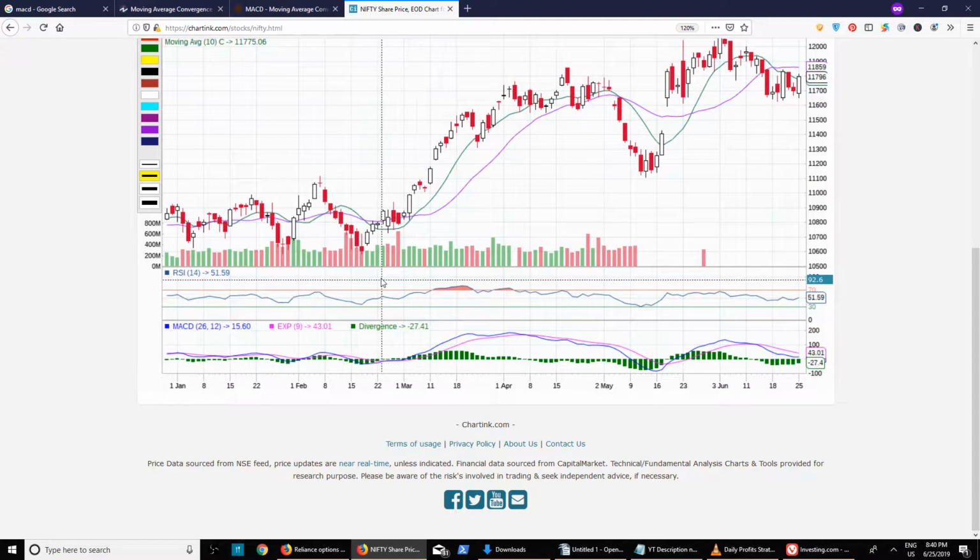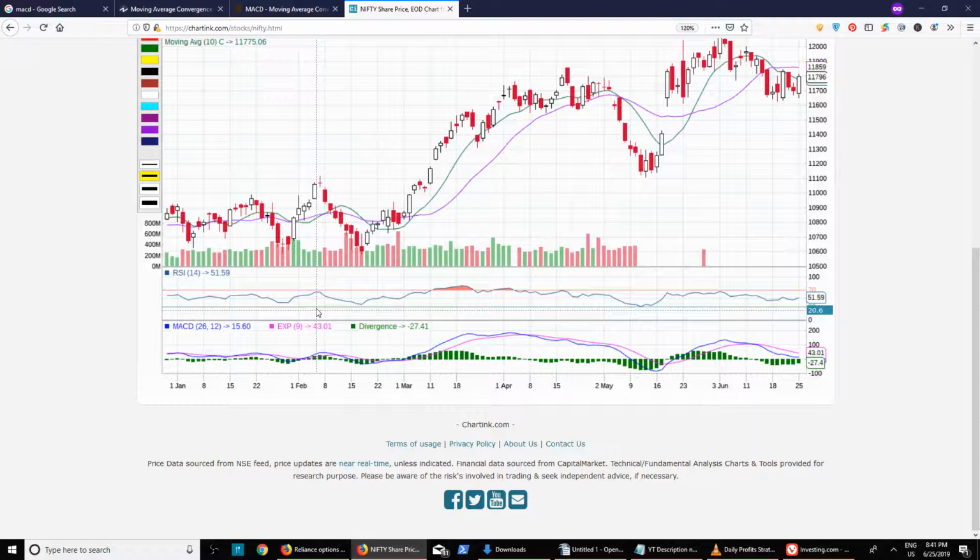But as soon as it crosses above 0, it shows a strength in the momentum. Basically the same goes the opposite. If the MACD line goes below 0, that means it is going below the signal line, then it is a bearish crossover. Now many people take trades based on daily charts, weekly charts and monthly charts also.